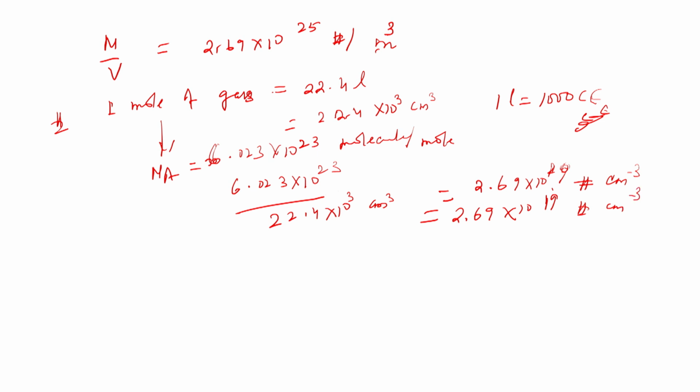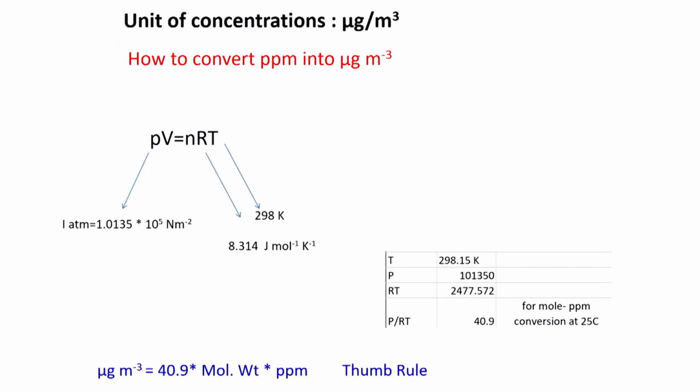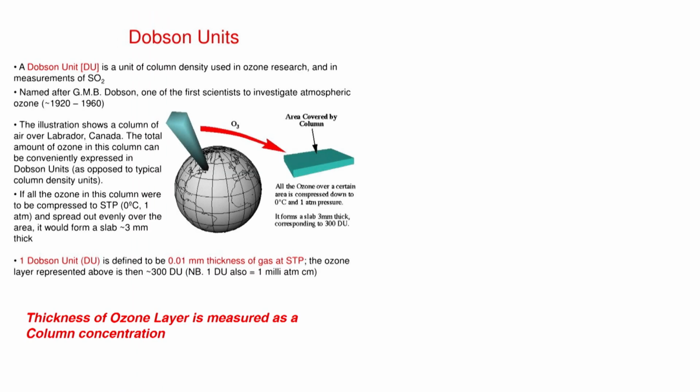So there are 3 things that you have to remember. One, if you are asked to calculate in molecules per centimeter cube or molecules per meter cube. Now we go to the next calculation of Dobson unit. One Dobson unit is defined as 0.01 mm thickness of ozone at STP.